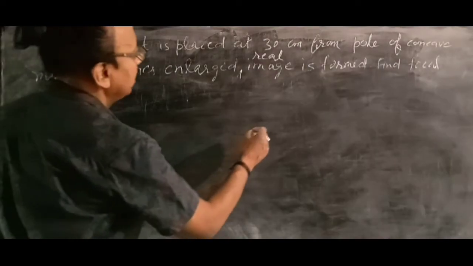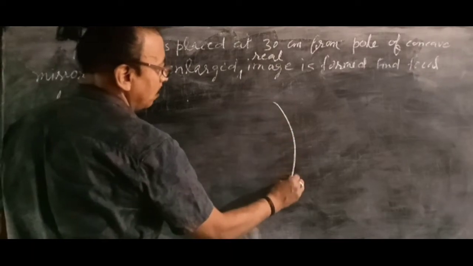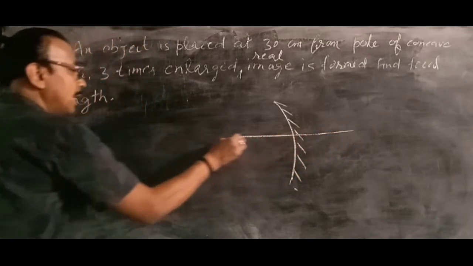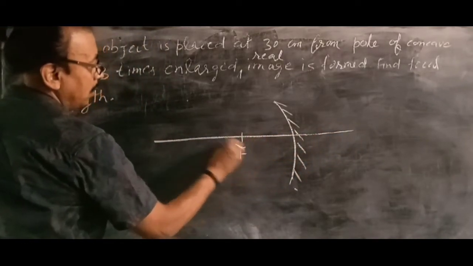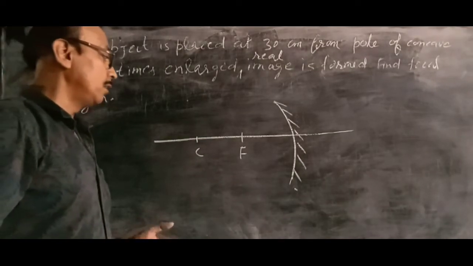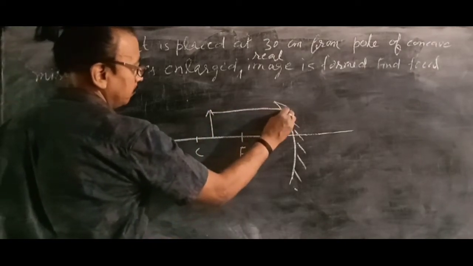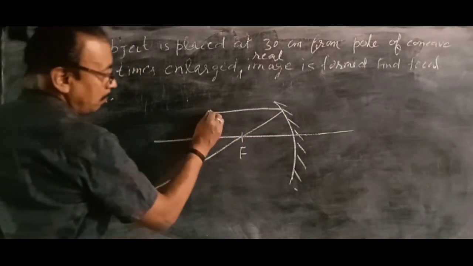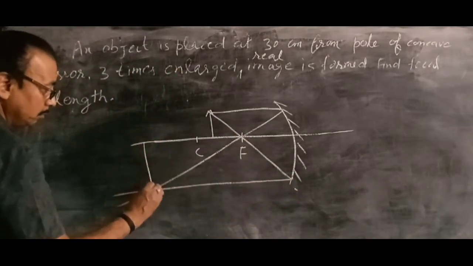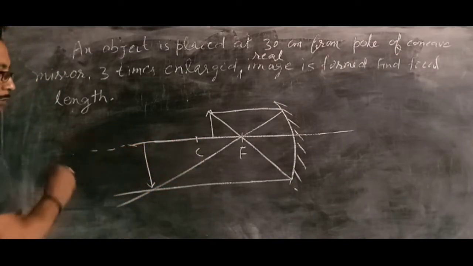Corresponding ray diagram. We know that when we put an object between F and C, we get enlarged real and inverted image. Ray diagram. And image is formed beyond C. Beyond C means center of curvature से दूर image form होगा, C and infinity के बीच में.